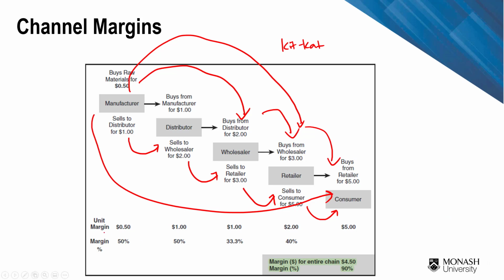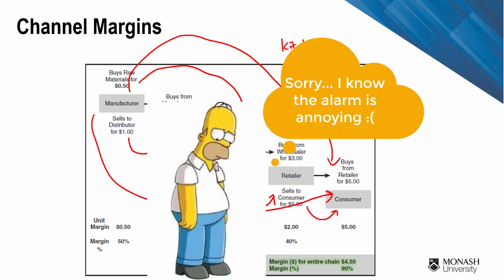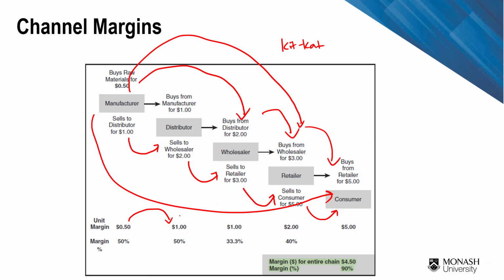As you can see here, at each stage they want to make money. So they have to increase the price from their costs, or else there's no way for them to make money. As it is passed on, they have to increase the price so they can do the markup or the margin.